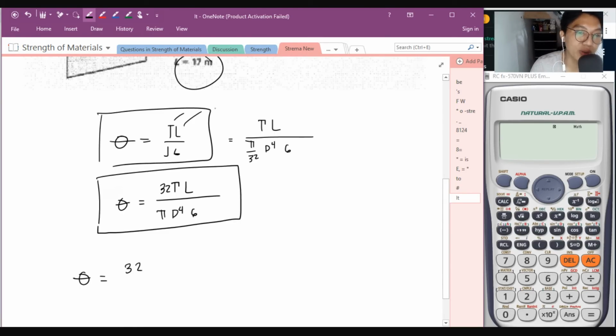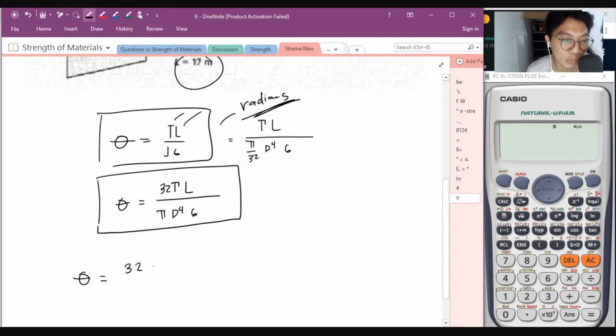Ang laging unit nito is in radians. Non-unit, radians yan. Ngayon, kung gusto mong gawing degrees, just multiply it with 360 divided by 2 pi or 180 divided by pi.